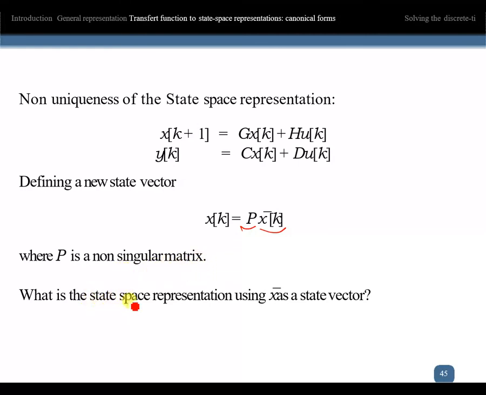What is the state space representation using x hat k as a state vector? You have a state space. I want to define the new state vector x hat k with the matrix P. Now I want to see what is the state space representation using the x hat, that means the new state vector of the system.